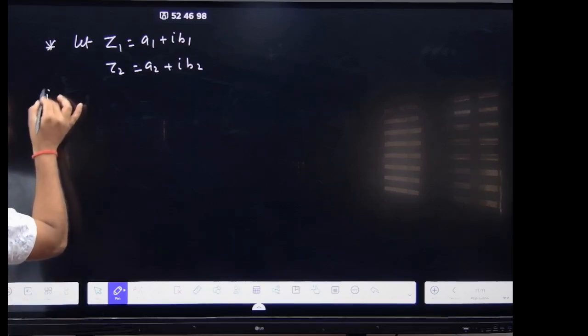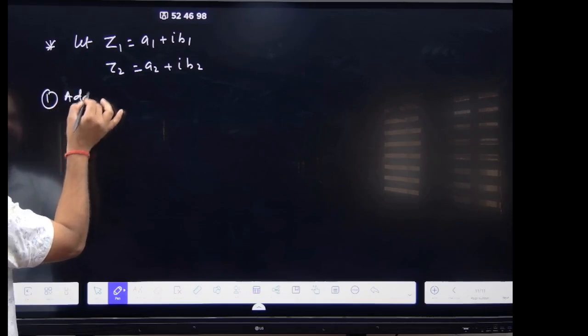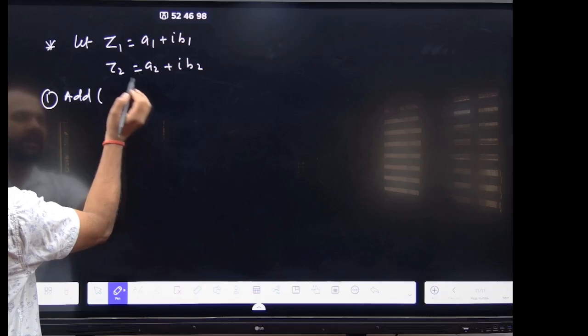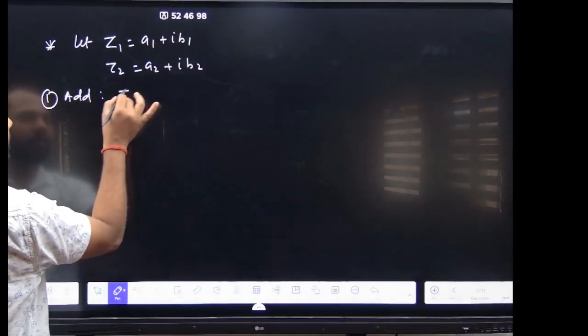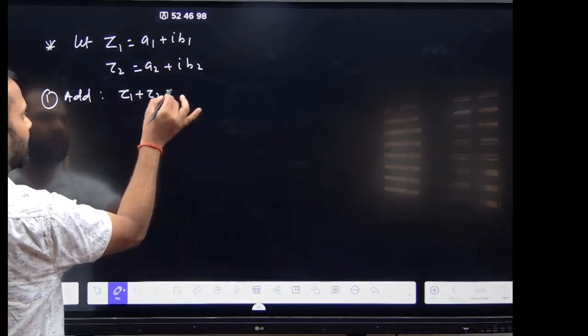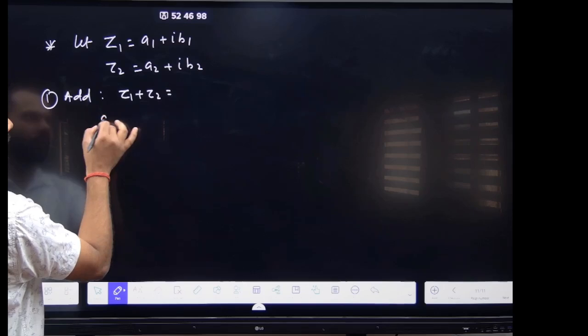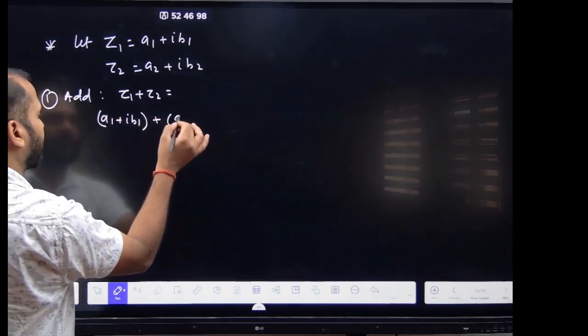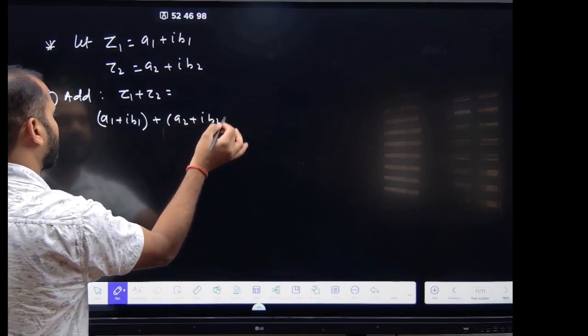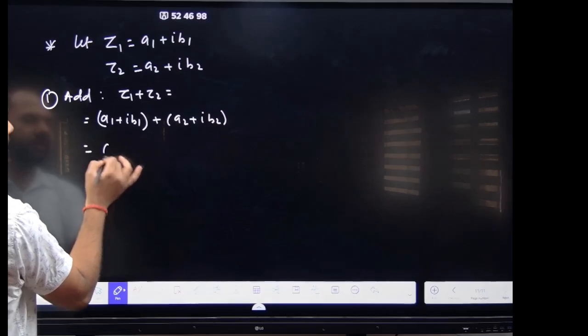Suppose I want to add both the complex numbers. The sum will be another complex number. How to add two complex numbers? Z1 plus Z2 is A1 plus iota B1 plus A2 plus iota B2. What is the addition of this?